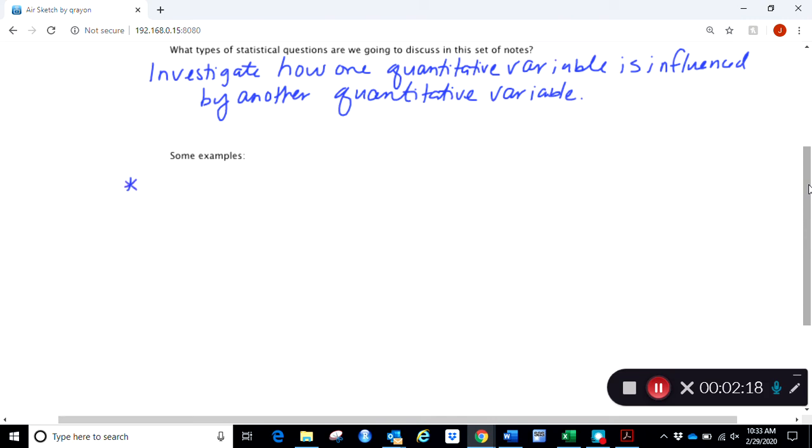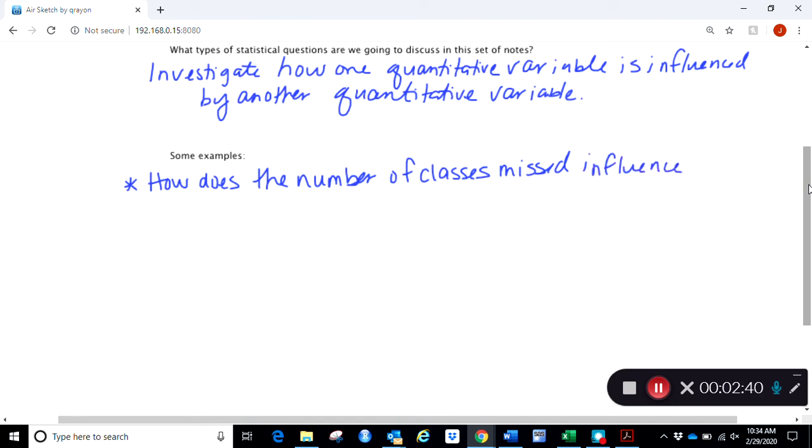So first, one example would be, how does the number of classes missed influence a student's final course percentage?